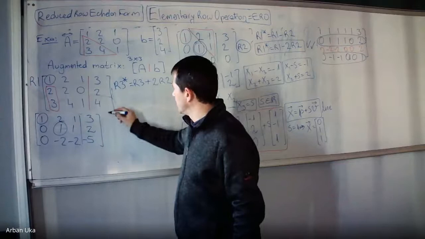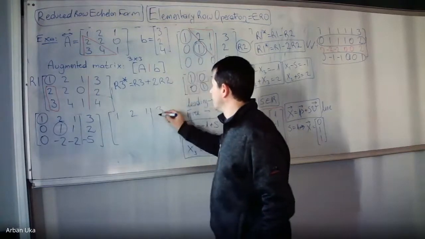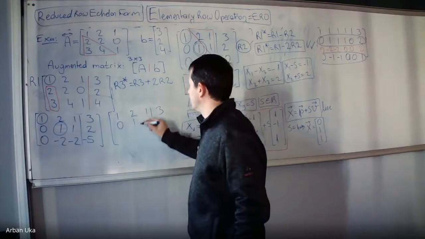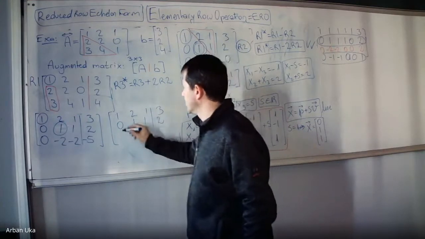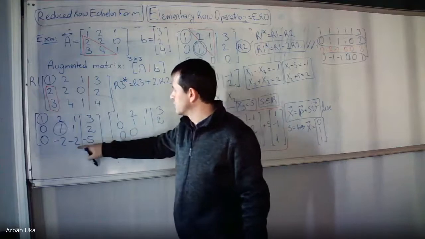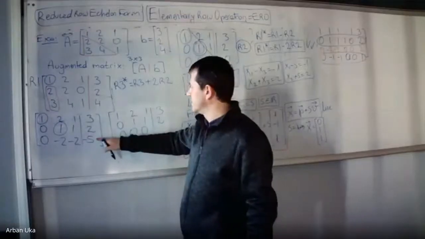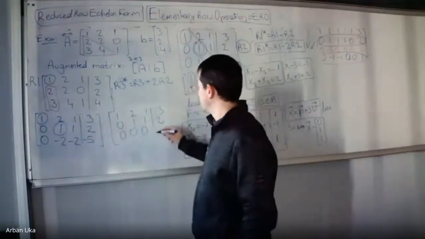So then we get the following. We get 1, 2, 1, 3, 0, 1, 1, 2. And here we get minus 2 plus 2, 0. Minus 2 plus 2, we get 0. And what do we get here? Minus 5 plus 4, we get minus 1.